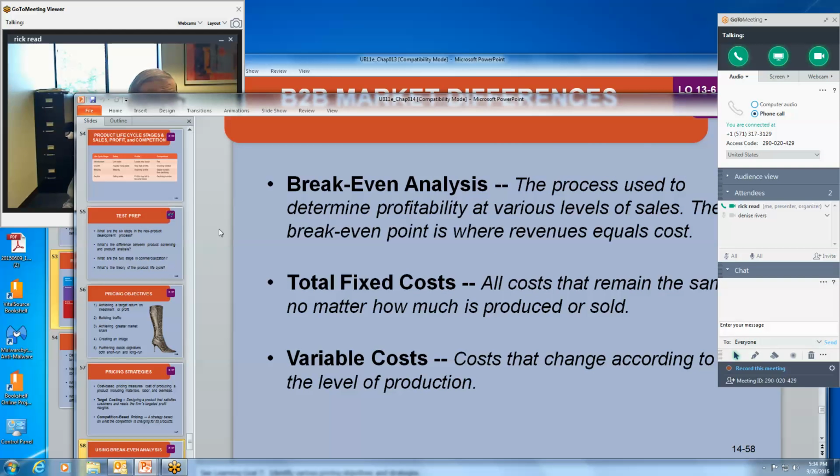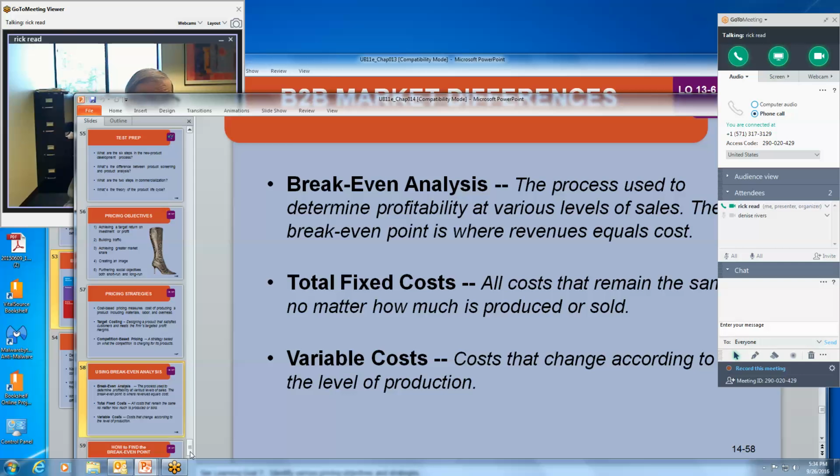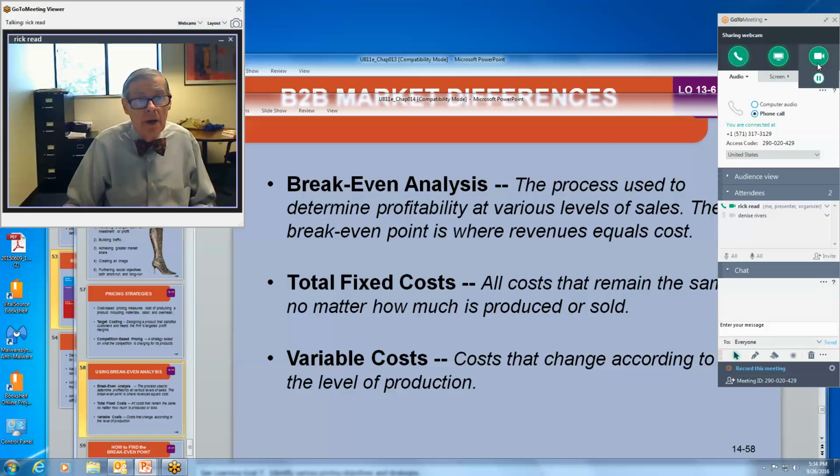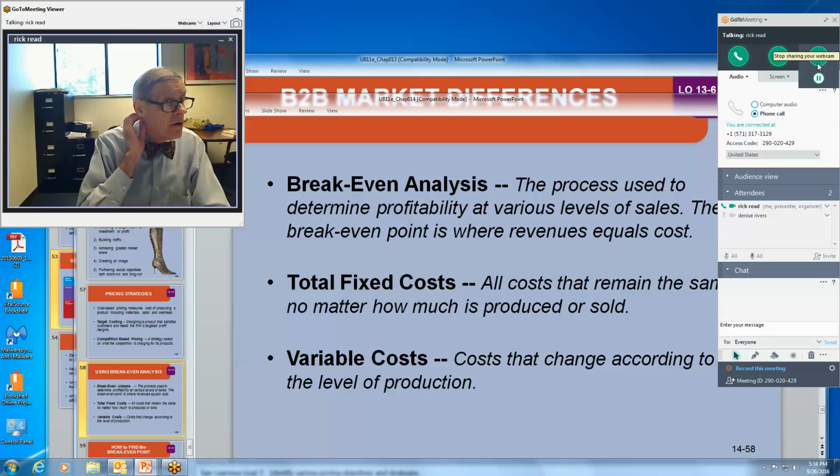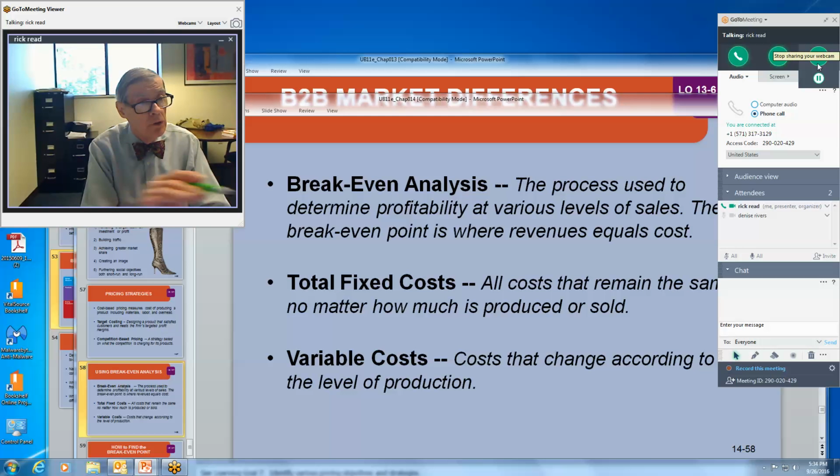We can have break even, which is not a good strategy, because if you break even, you're not going to be making any money, and if you're not making any money, then you don't need to be in the for-profit business. We have total fixed costs, assuming that all of our costs remain the same, which probably is not going to happen, and notice that's regardless of how much we produce or sell. And then variable cost changes according to the level of production.